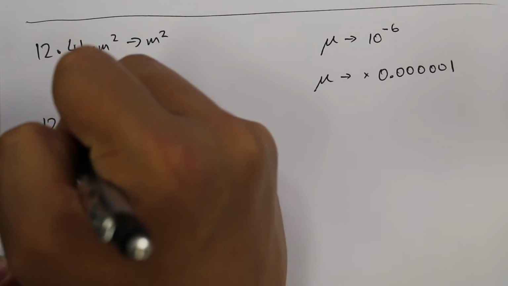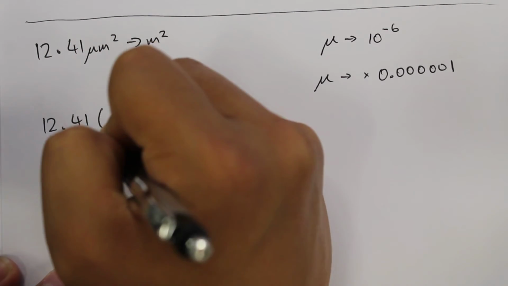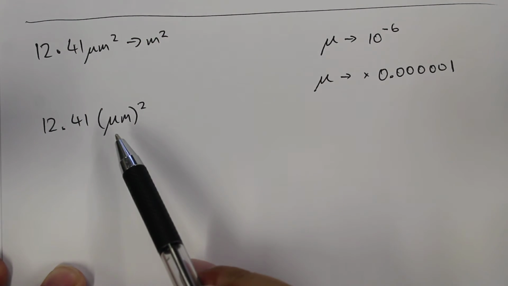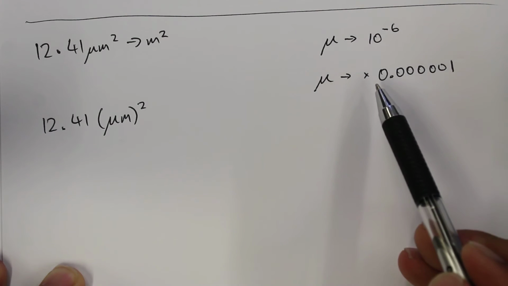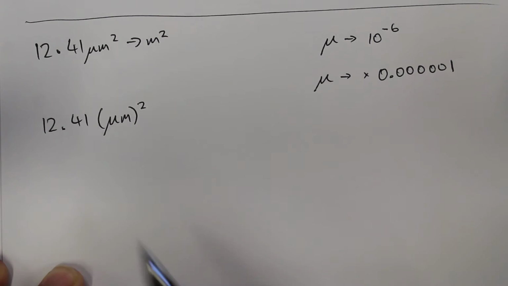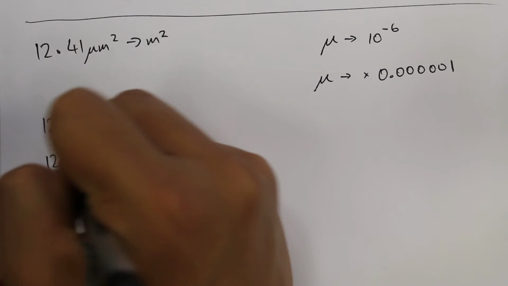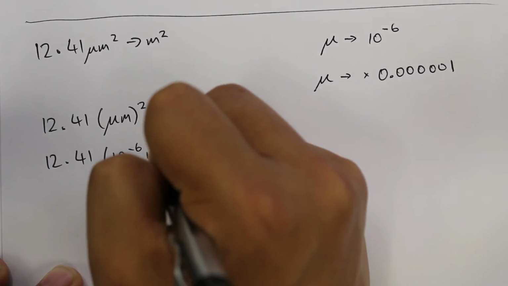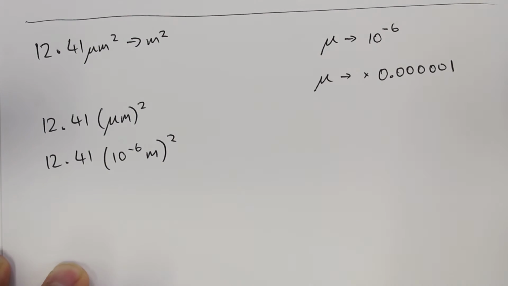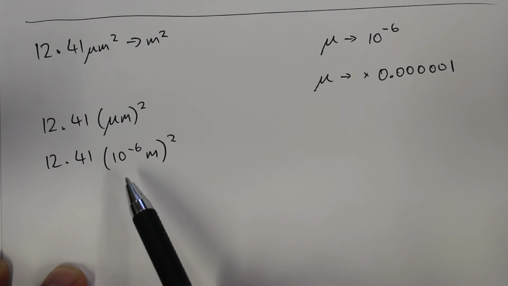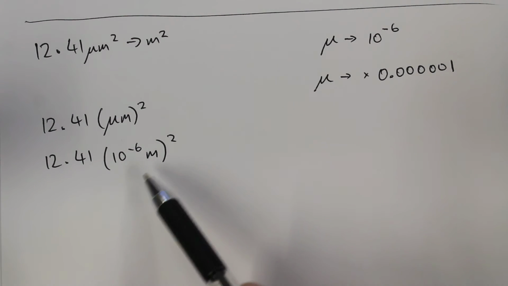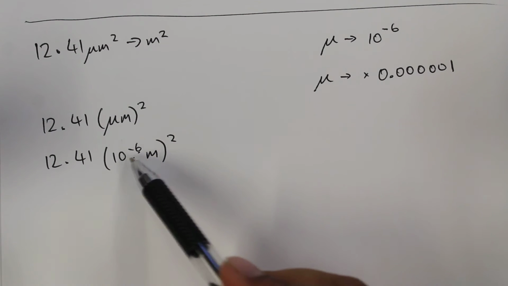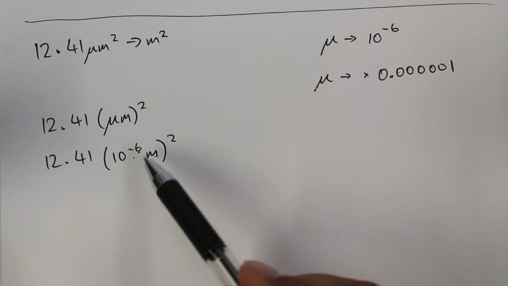So 12.41 micrometers squared, and we'll replace the micro with 10 to the minus 6. So this becomes 12.41 times 10 to the minus 6 meters, and this is all squared. Now to expand this set of brackets, we need to square these two values as they're being multiplied against each other.